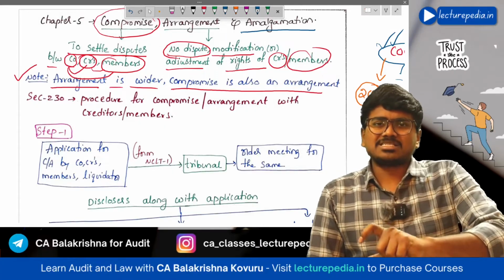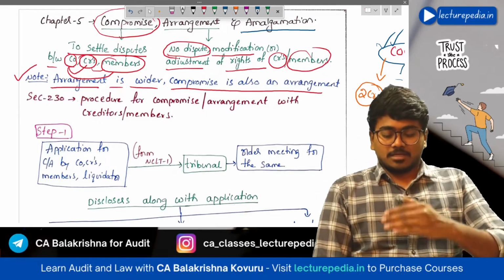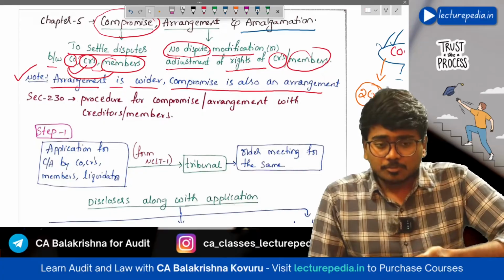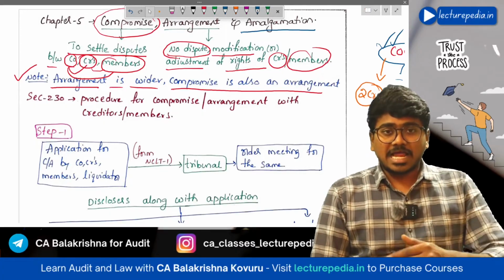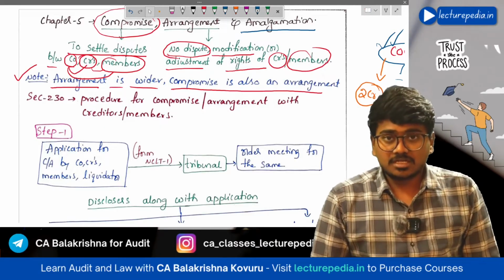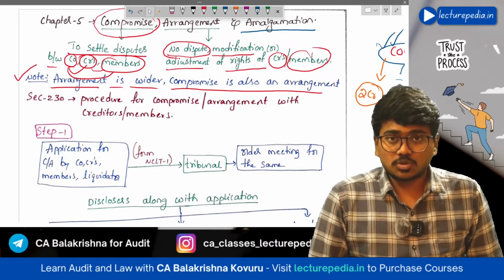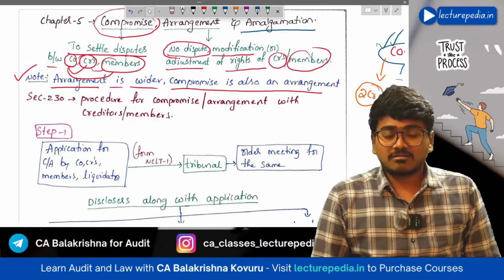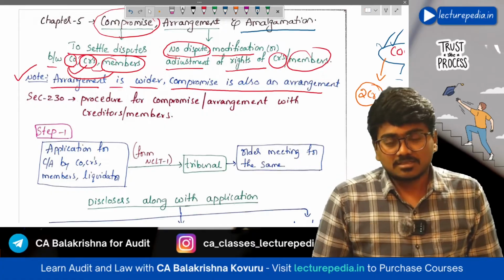There will not be much analysis involved in these sections. Okay, the procedure will be there, like to whom you have to make the application, along with the application what annexures have to be given, and to approve the application how many persons have to agree to it, right? So these types of procedural aspects will be there in this chapter.